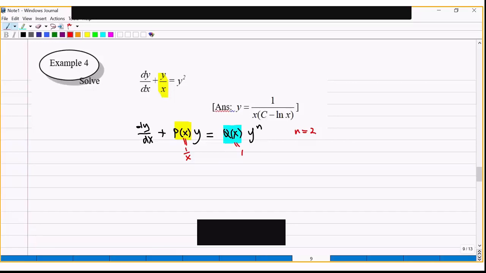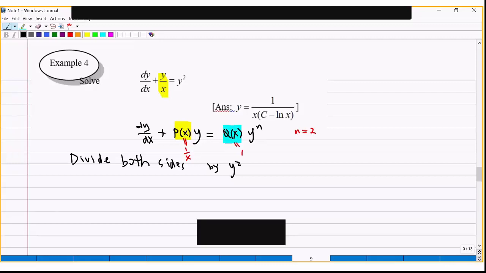So how do you solve this Bernoulli equation? You just divide both sides by y squared.